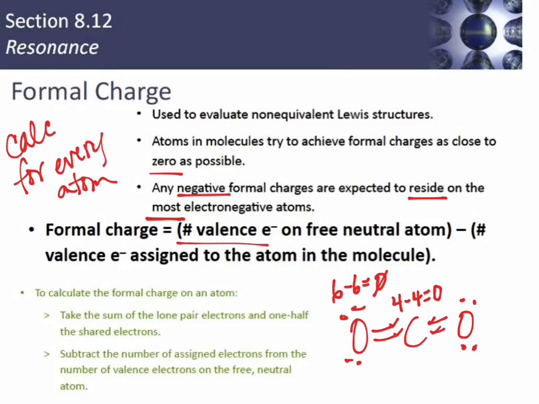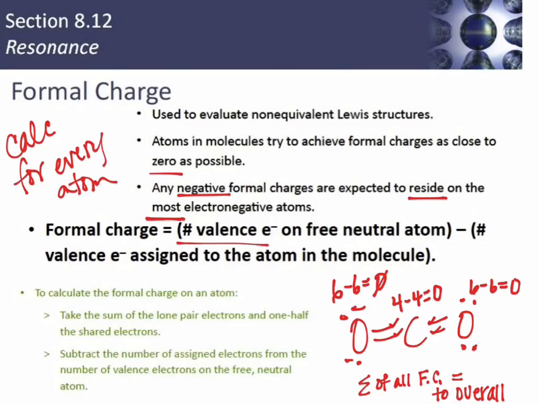And then this oxygen over here, again, is 6 minus the 6 gives me 0. So the overall formal charge, when we take all those formal charges, it has to add up equal to the charge of the molecule. So the sum of all the formal charges is equal to the overall charge of the molecule.